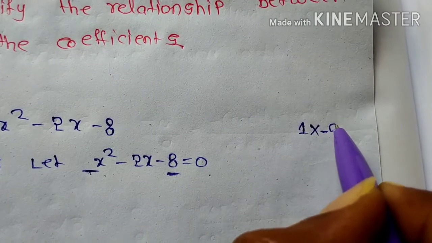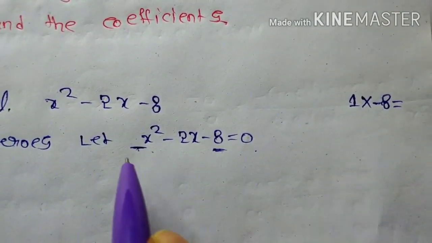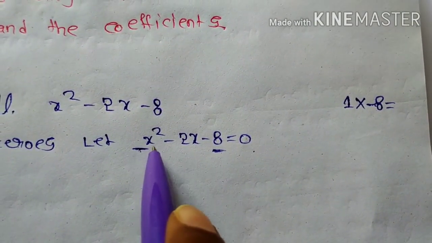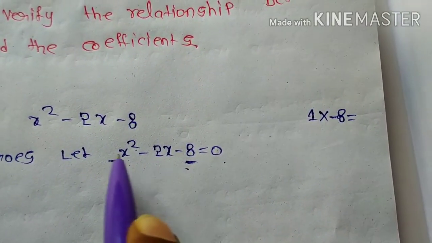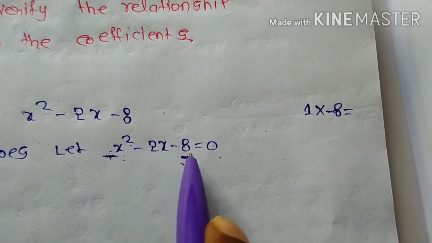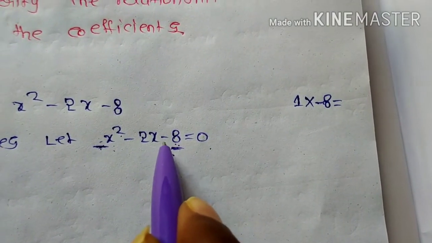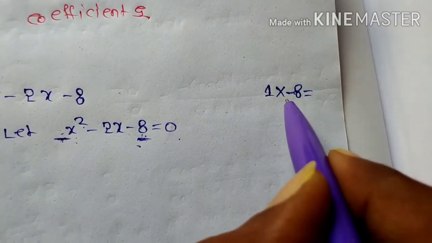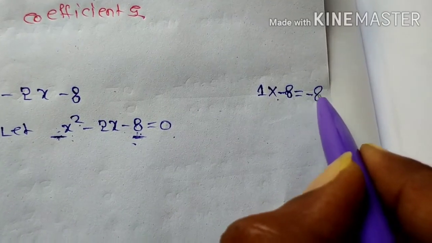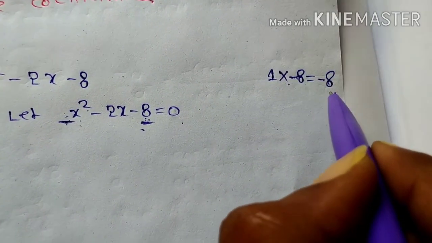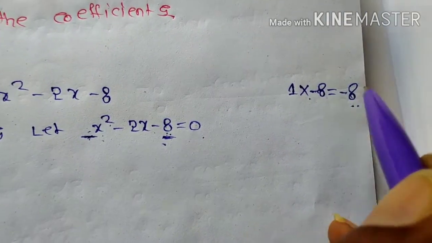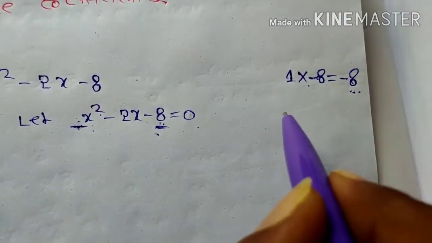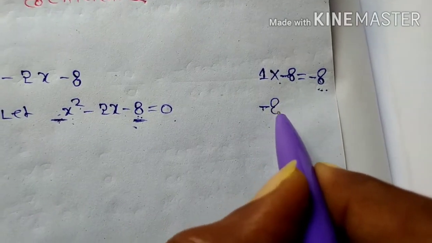Just multiply both. You should multiply the coefficient of x square with the constant term. Here the coefficient of x square is 1. The constant is not 8, it is minus 8. 1 into minus 8, you will get minus 8. Now you should find the factors of minus 8. How can you represent minus 8?